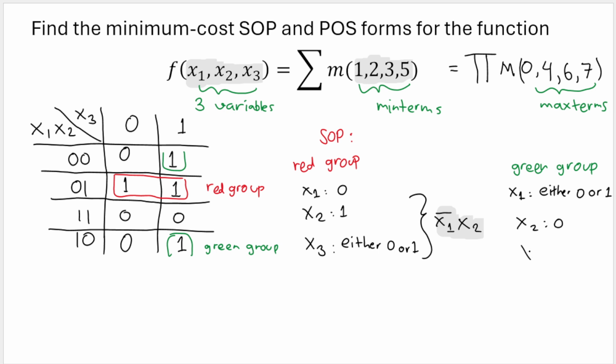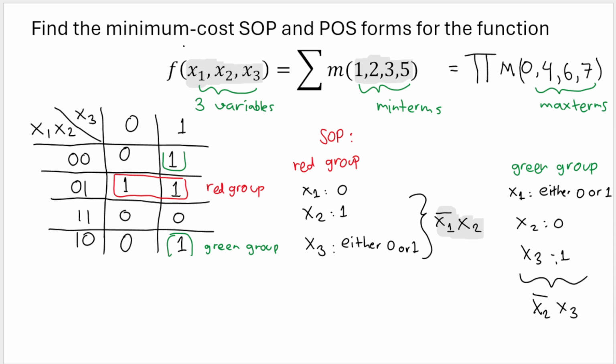And then what is x3? x3 is 1 here. So for the green group, we only have x2 and x3. We complement x2 because that is 0, and then we will have x3.